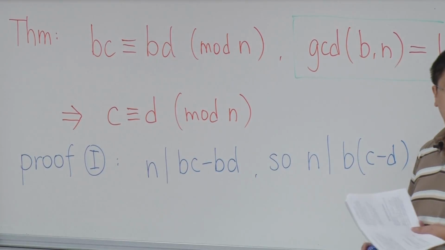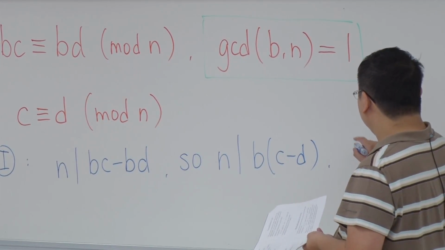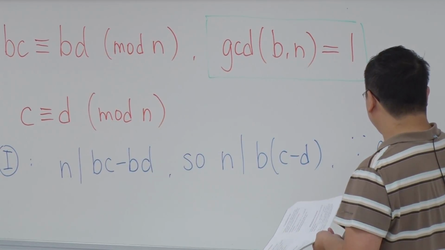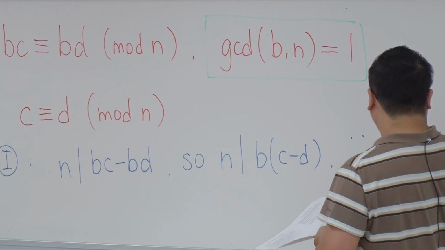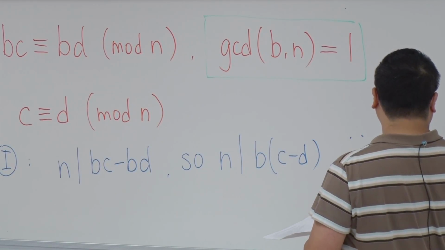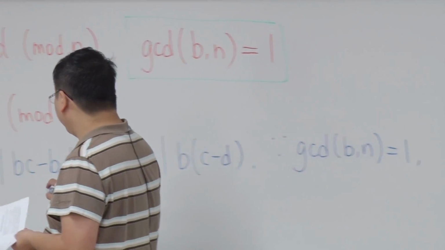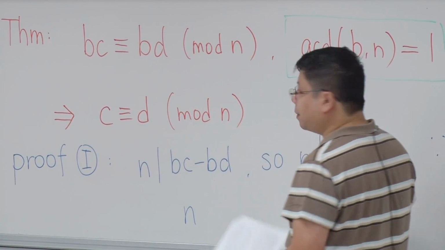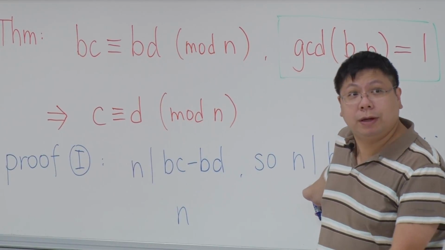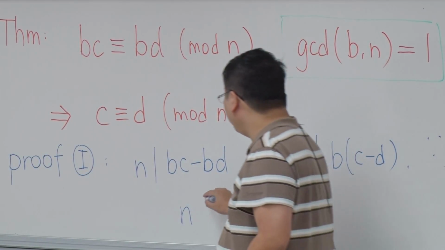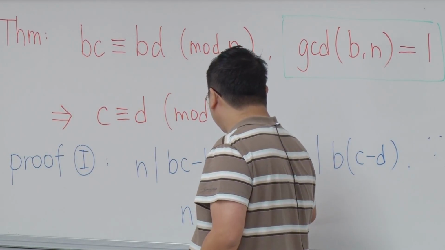Is that okay? But then because the GCD of B and N is equal to 1, we have done something before. N will not be able to divide this B. So N will divide C minus D.